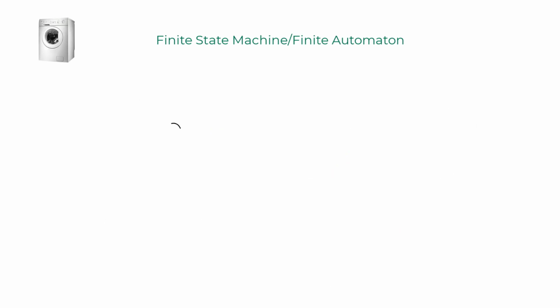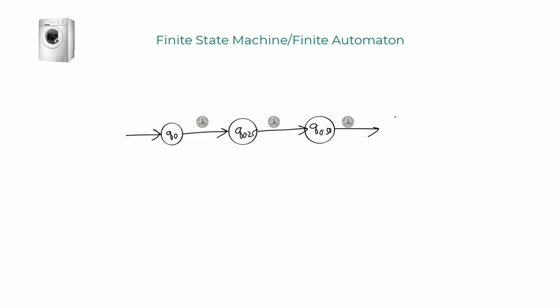Alright, let us draw a figure to visualize what is happening with this washing machine and the coins. Initially, the washing machine is ready to accept coins. We can think of it as the start state or the initial state. After the coin is inserted, the washing machine remembers whether it is a US quarter or a Canadian 50 cents or an invalid coin.